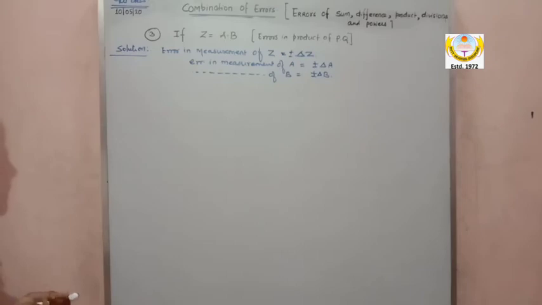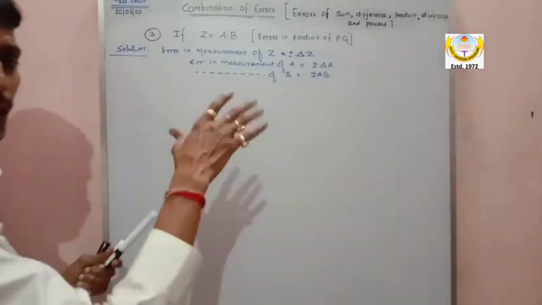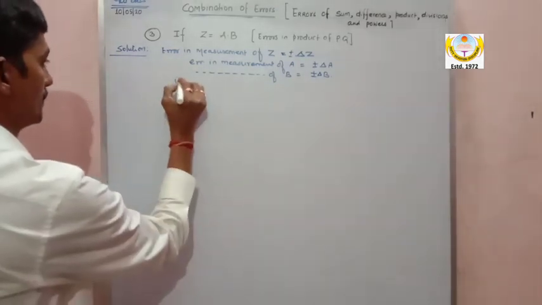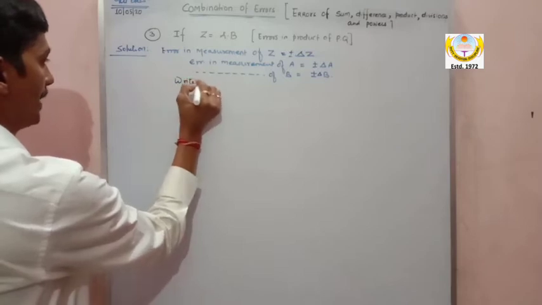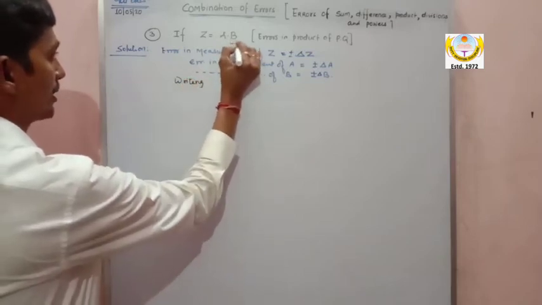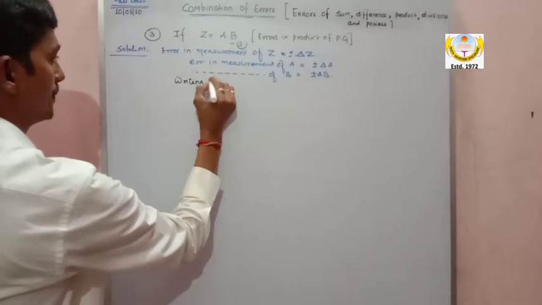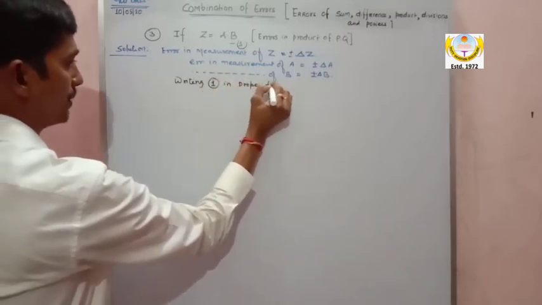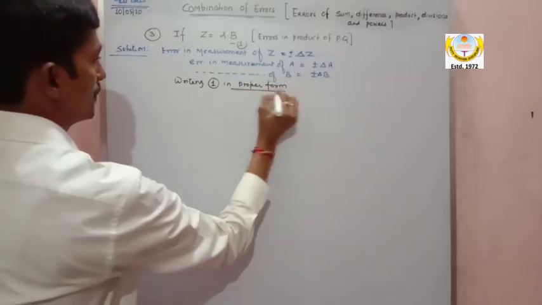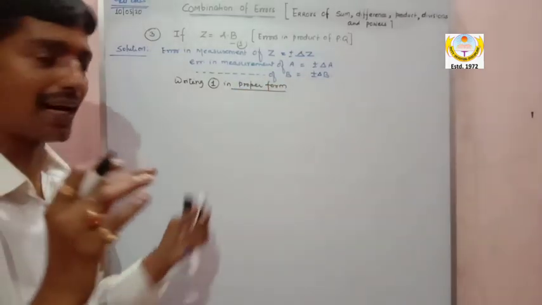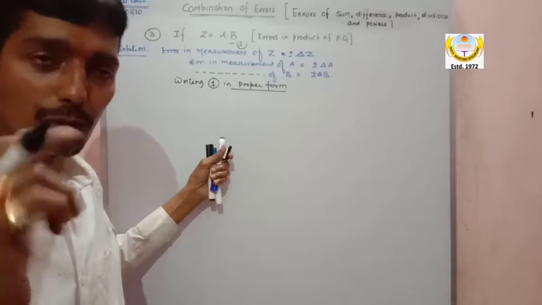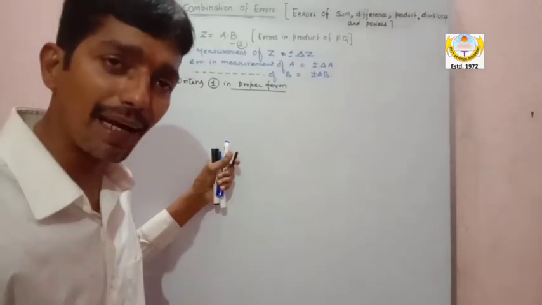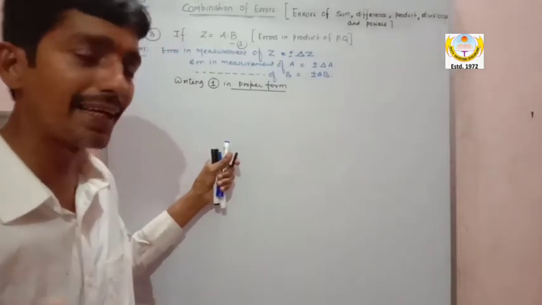So now, my dear, if I write equation 1 in proper form, what is proper form? Proper form means writing the answer with the true value as well as the error in that value.